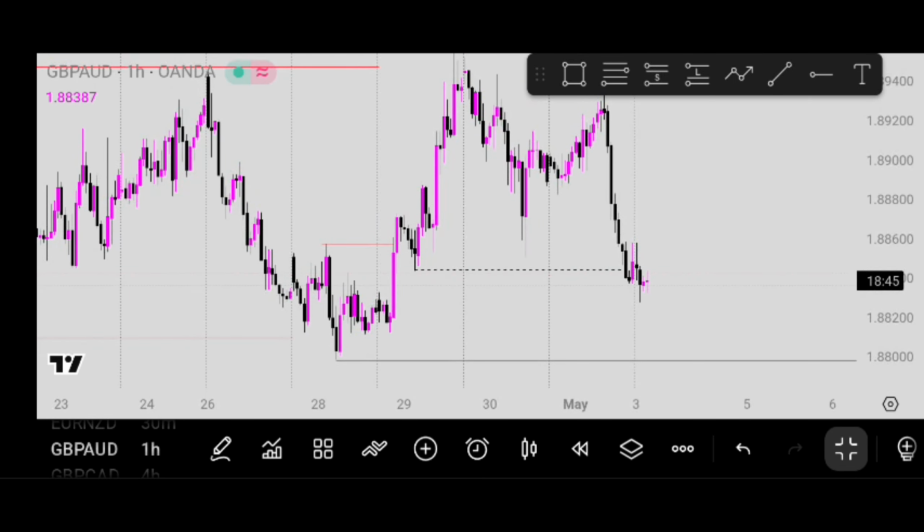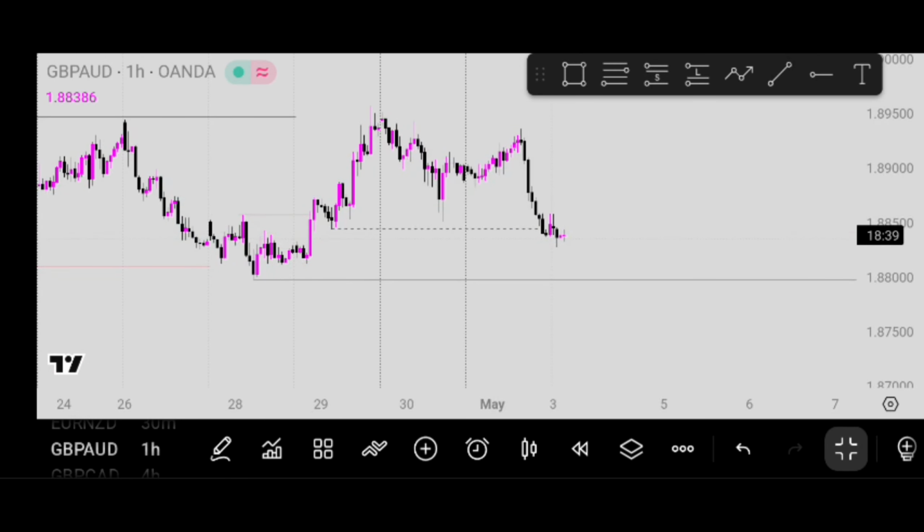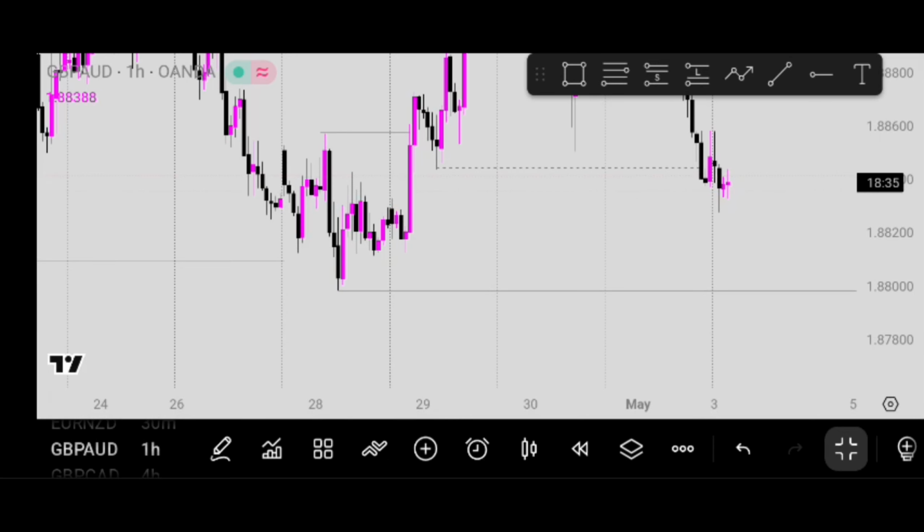So since we have got our liquidity, then we are going to look for the point of interest. Where is our point of interest? In this scenario, the point of interest has to be just after the liquidity.